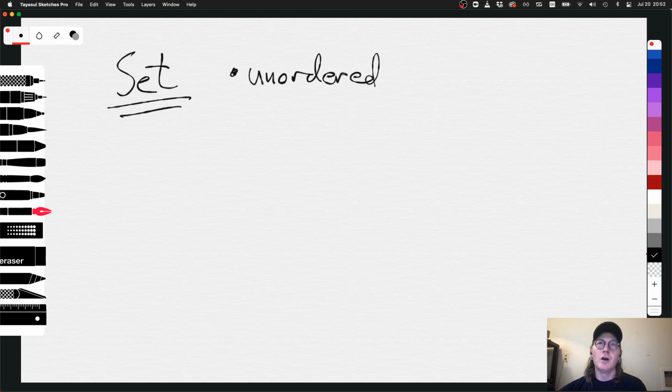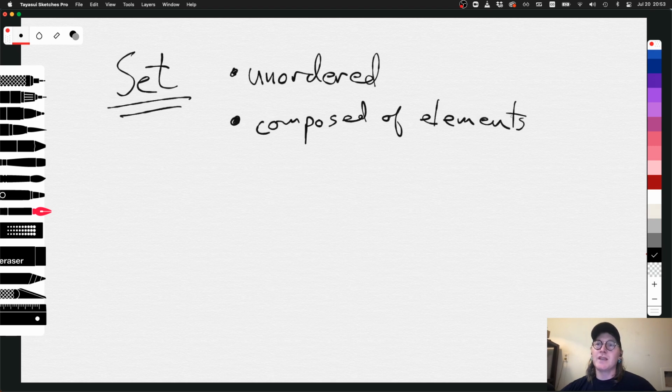It doesn't matter what the order of elements in a set is. I'm going to say a set is composed of elements, okay? Keep in mind, an element can be anything, right? An element can be another set, okay?